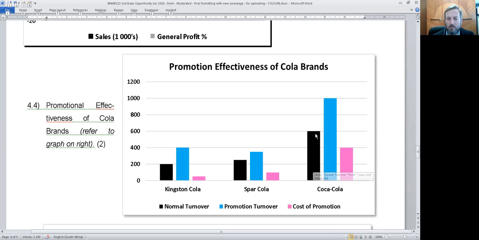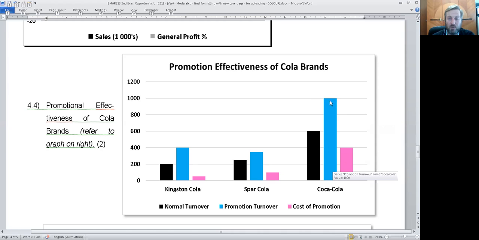Nonetheless, if we compare what we have, obviously when it's not on normal turnover, our promotion cost would be zero. So if this was simply Rand value, monetary comparison, that amount added to that amount, so it's a break even. So it doesn't really make sense to do promotions because what we spend here ends up being recuperated there.